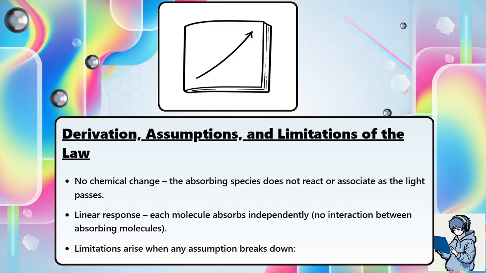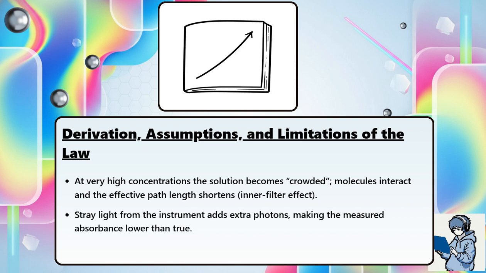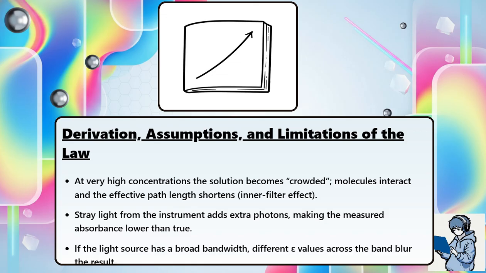Limitations arise when any assumption breaks down. At very high concentrations, the solution becomes crowded. Molecules interact and the effective path length shortens: the inner filter effect. Stray light from the instrument adds extra photons, making the measured absorbance lower than true. If the light source has a broad bandwidth, different epsilon values across the band blur the result.